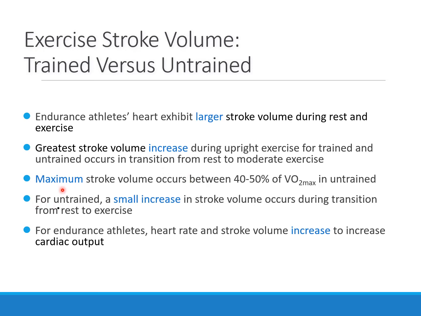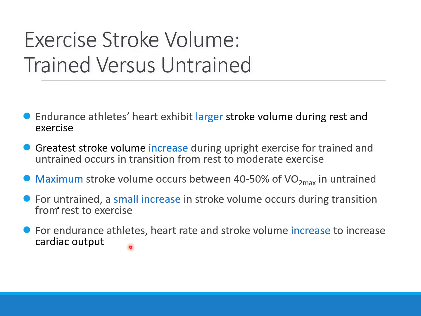In untrained people, you're going to see the maximum stroke volume occurring between 40 and 50% of the VO2 max. In untrained people, you're also going to see a small increase in stroke volume occurring during transition from rest to exercise. So it's kind of that anticipatory factor that goes into the increase in stroke volume.